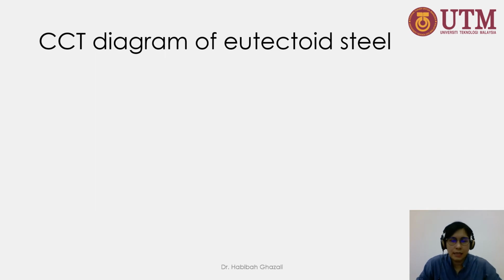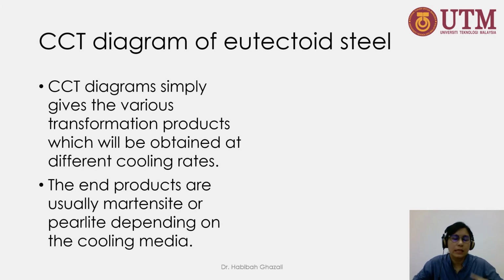The CCT diagram for eutectoid steel will give you the various transformation products obtained at different cooling rates. The end products are usually martensite or pearlite depending on the cooling media. This is only for eutectoid steel.